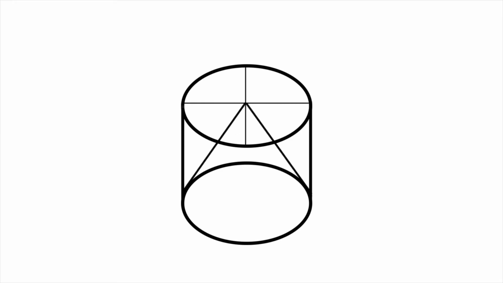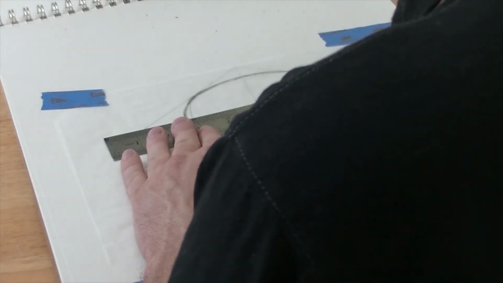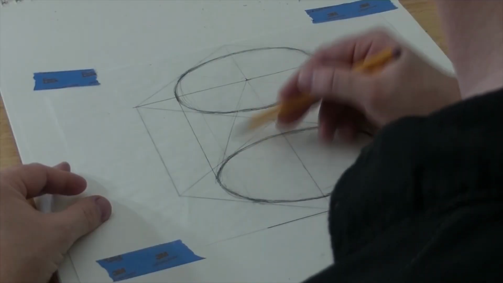And stop. After finishing the cylinder inside the cube, add a cone inside the cylinder, still working on the same piece of tracing paper. First, locate the apex of the cone in the center of the top plane of the cube, as with the pyramid in the last lesson.